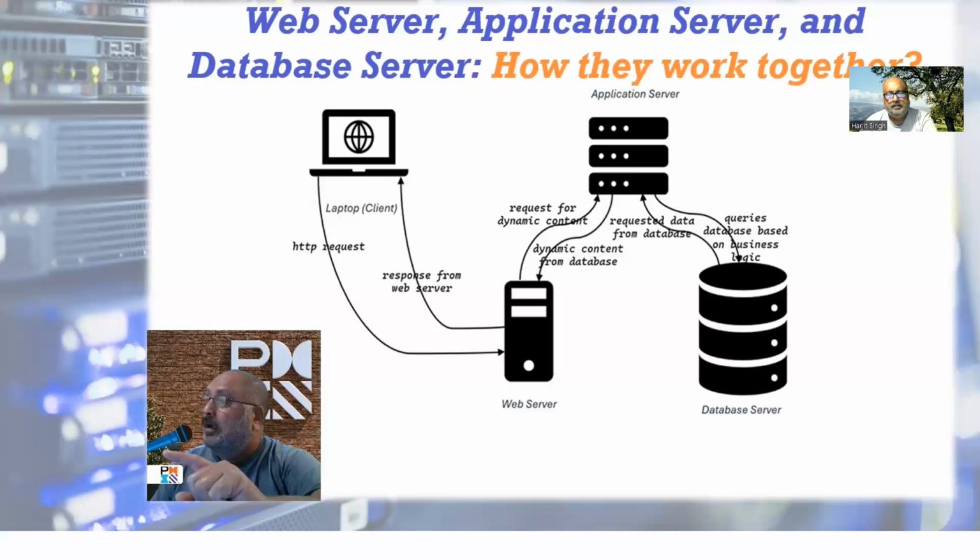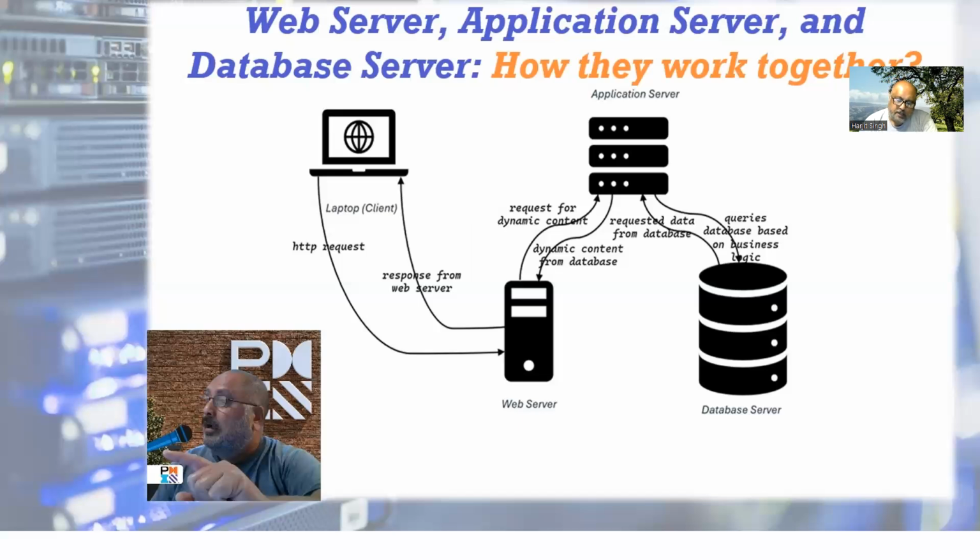When we say static information, that is something that can be processed using JavaScript or HTML, CSS, cascading style sheets. There are different ways to process information locally on the web server. If something is there, it will provide it and done, if it's a simple request.